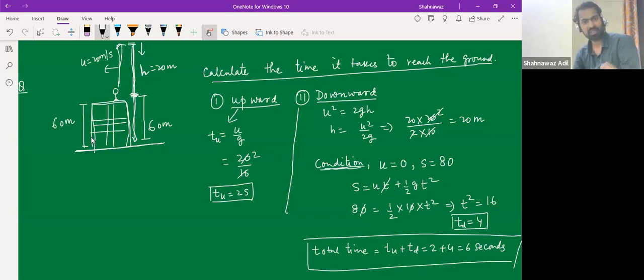Whenever you find these kinds of complications, you just divide the journey. Okay, guys? Please note it down, and if you have any doubt, you can ask. Amna, clear? Yes, sir. Okay, please note it down.